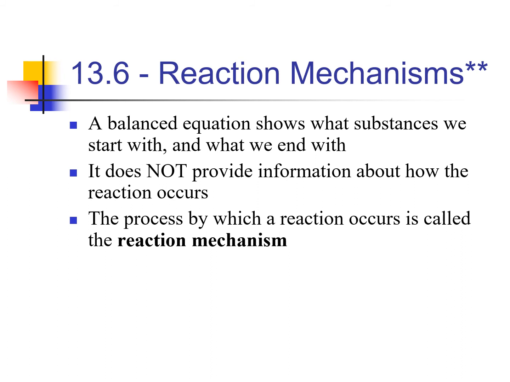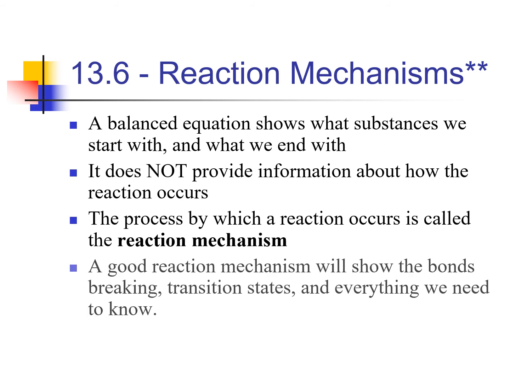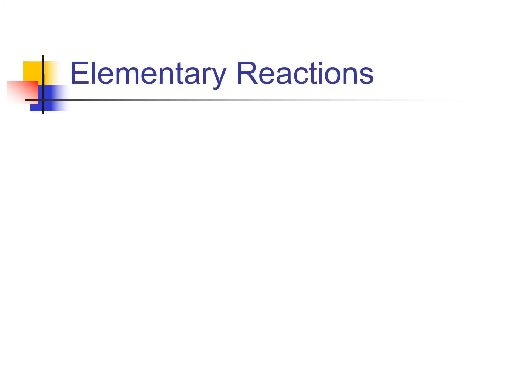The process by which a reaction occurs is called the reaction mechanism. And that's different. Now, a good reaction mechanism should show us everything. It should show what bonds are breaking, transition states, and catalysts, everything we need to know. And that's what we're going to look at, what those reaction mechanisms are.